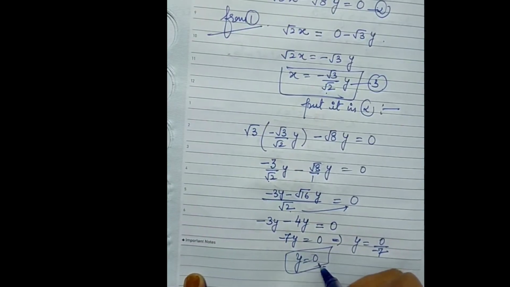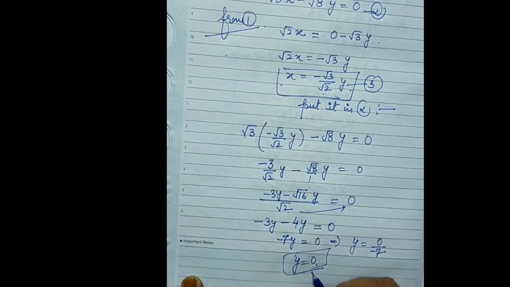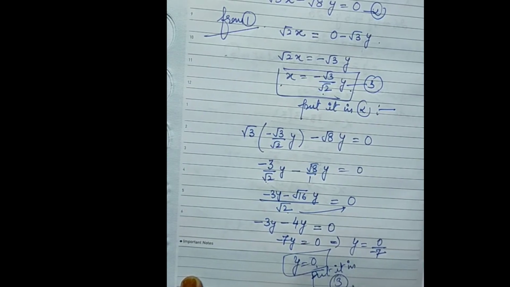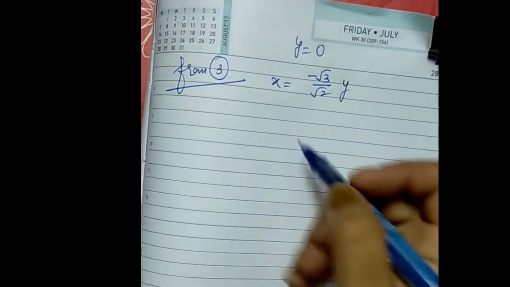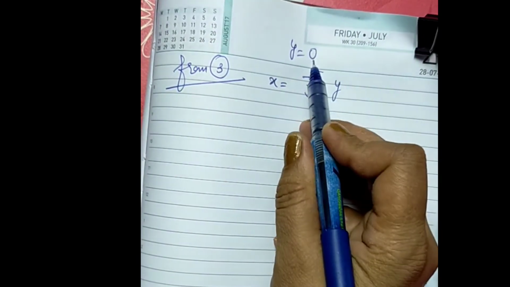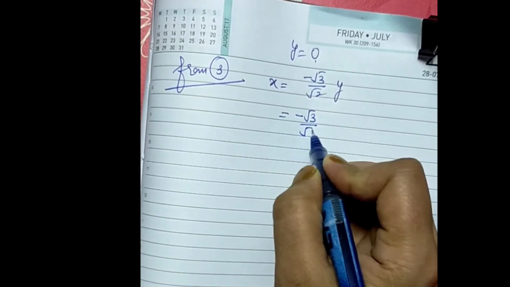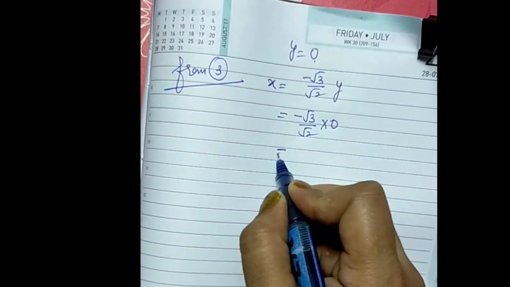So let's put this value in 3 to get the value for x. From 3, x is equal to minus root 3 over root 2 y, and y we got as 0. So let's substitute it. 0 into something is 0.